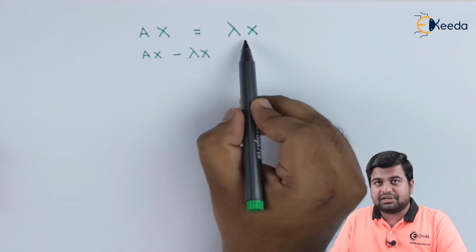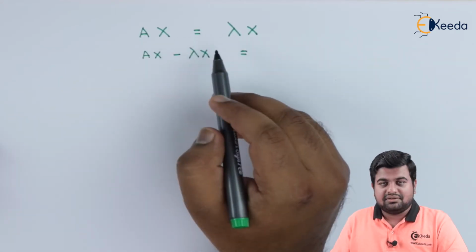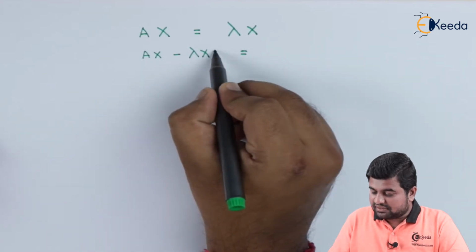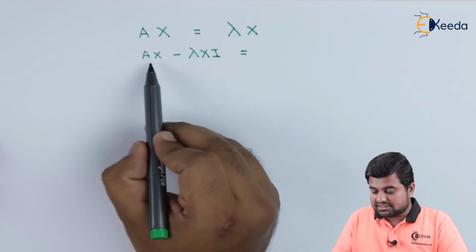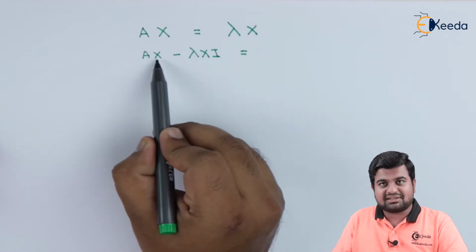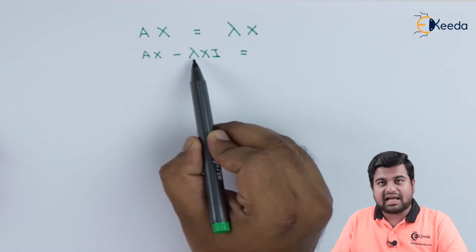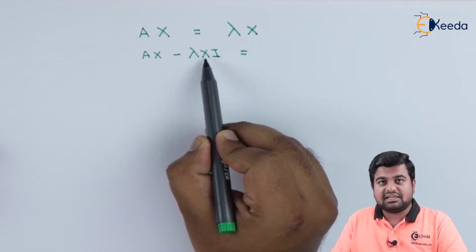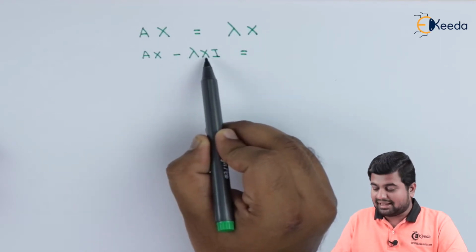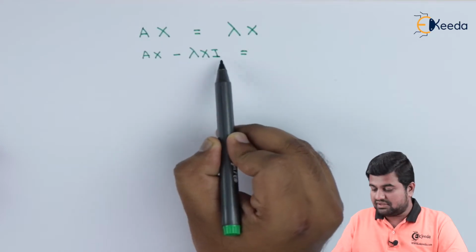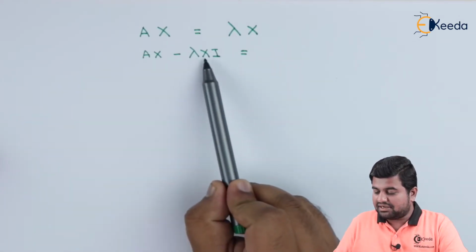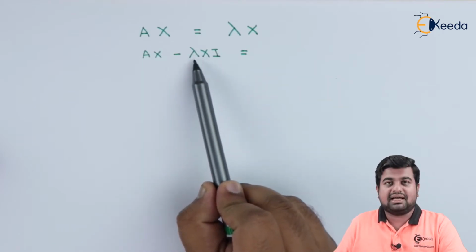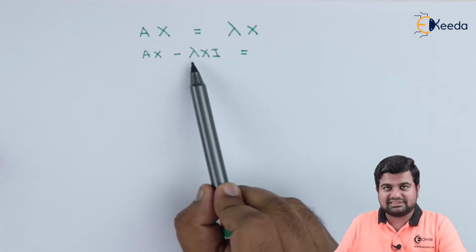When we take this particular value on the left hand side, we also check whether we are going to multiply with the matrix or not, because in this particular case we have got matrix into matrix. Here we have got eigenvalue into matrix, but in order to have the same result characteristic wise, we need to have A into X on the left hand side and lambda into X, which is nothing but the eigenvalue, and which is going to be 2, 3, minus 4, minus 5, minus 6, like this.